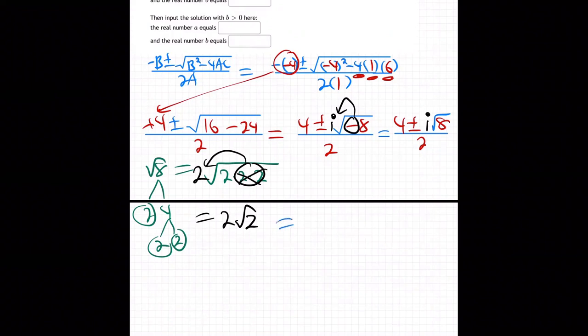That leaves us with 4 plus or minus i 2 root 2 over 2. Like so. So what just happened? That square root of 8 became 2 root 2, right?